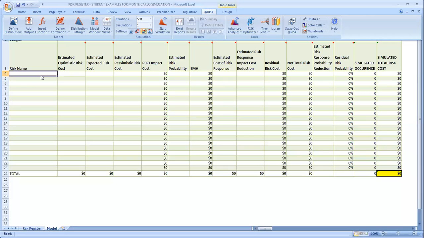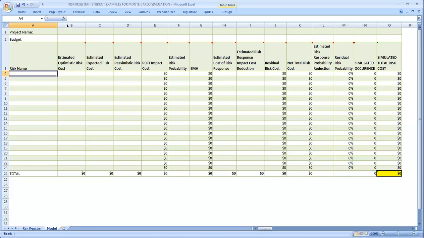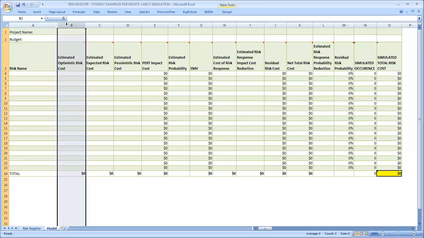Now, since we were referring to cost in this case, the optimistic risk cost, which can be shown in column B here, would be the lowest cost that an expert or a subject matter expert would believe that risk would cost our project should it occur.